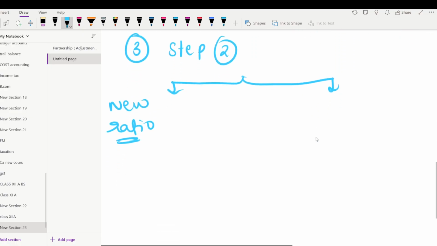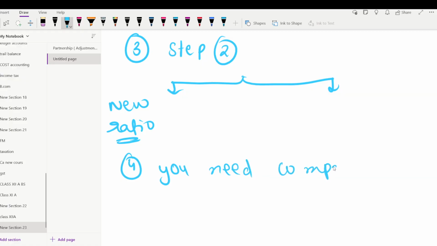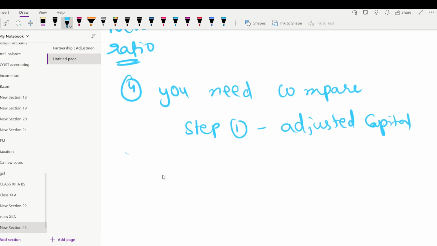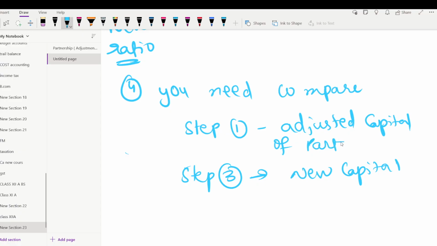Then in step number 4, you need to compare step number 1 adjusted capital with step number 3, new capital of partners individually, which is distributed in new ratio.